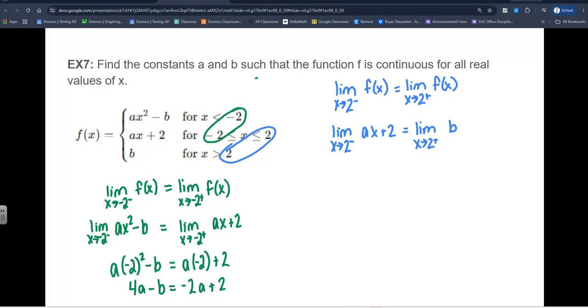Okay? What do I need to do now? When I do that limit, I plug in 2 for x. So over here, that's going to be 2 times a plus 2 equals, what do I get on the right side? Just b. There's no x to plug a number in for, right? So just b.